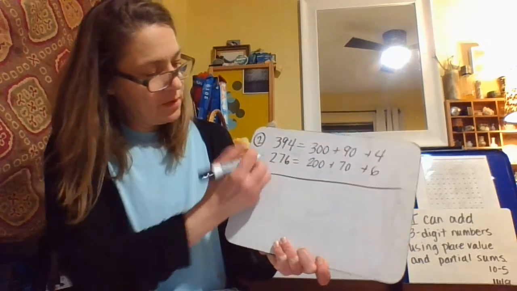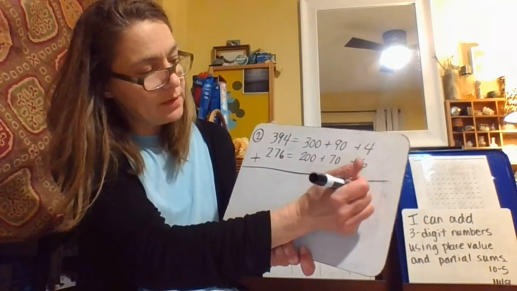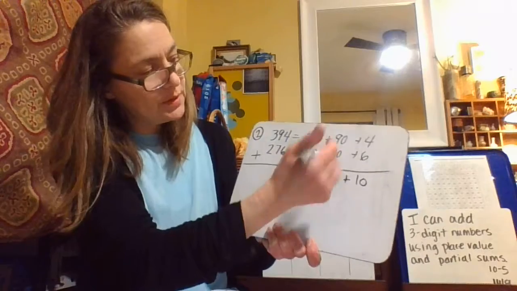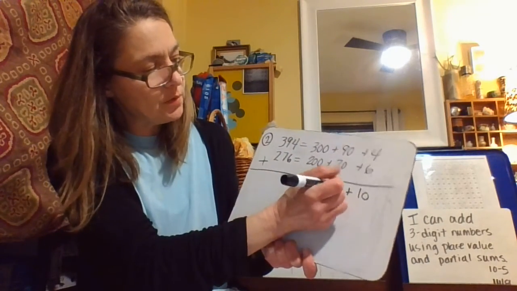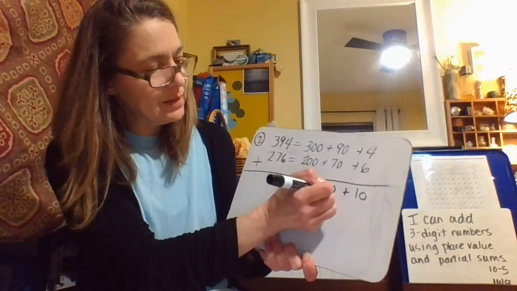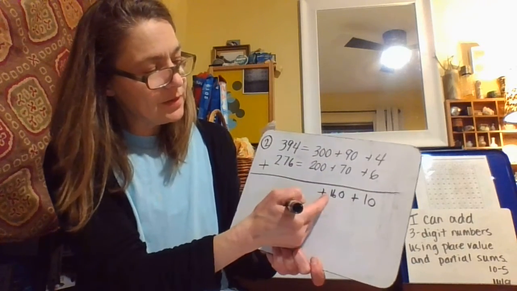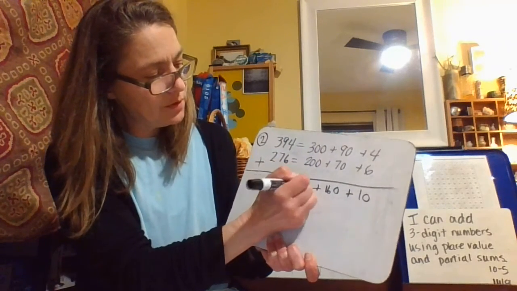Draw the sum line. Put the addition symbol. 6 plus 4 is 10. 90 plus 70 equals, well, we're going to regroup. So we have 0 and 9 plus 7, like we did in fact fluency, is 160. And now we have 300 and 200 is 500.